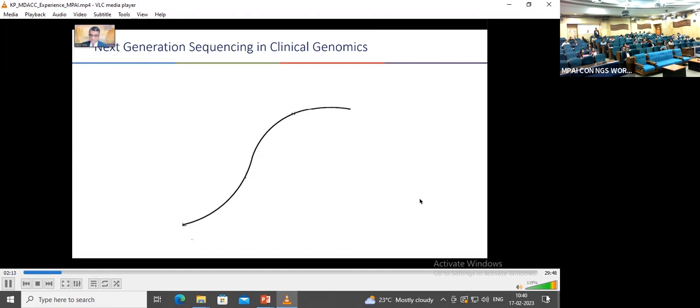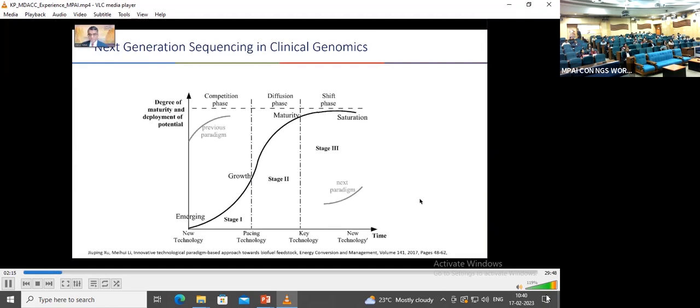So if you expand, this is what a typical technology curve looks like. When a new technology emerges, there is an emerging phase, then it goes through what we call a growth phase, a maturity phase, and then saturation. Because this is a cycle, it gives way to a new paradigm, a new technology, and that technology goes through the same phases again. Just as the new technology has replaced a previous paradigm or technology, something new will replace that.